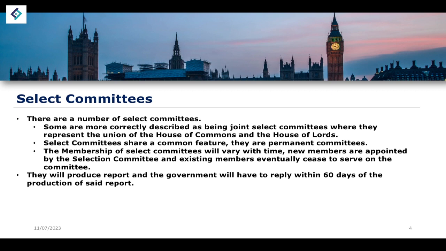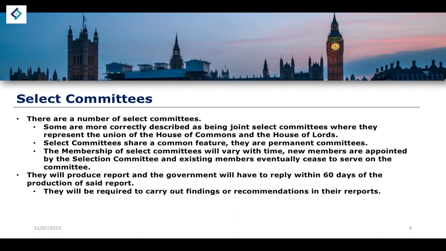The aim here is, of course, to provide a role for holding the government to account, which is essentially one of the main features and one of the main functionalities that exists with Parliament. And they do so through numerous different means and methods, and the select committee process is one of them.